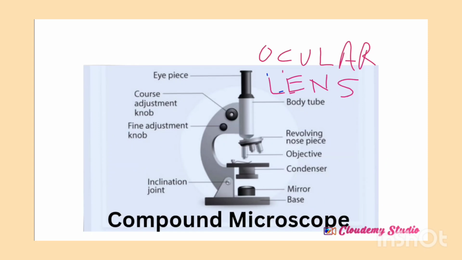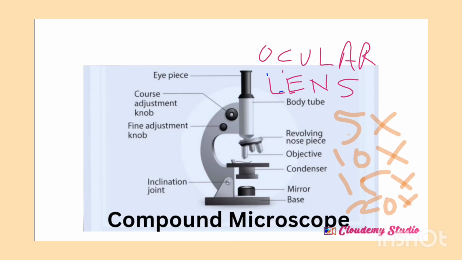So eyepiece lens is also called as a ocular lens and these also have different magnifying power like that of the objective lens, such as ocular lens of 5x magnification power, then 10x, 15x and 20x. So generally in compound microscope, ocular lens having 10x and 20x magnifying power are used.